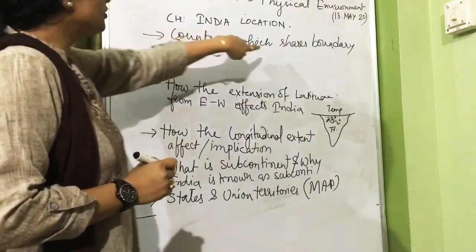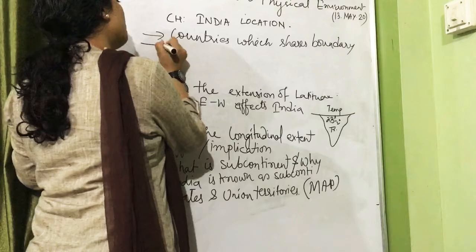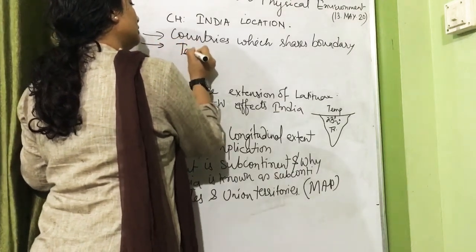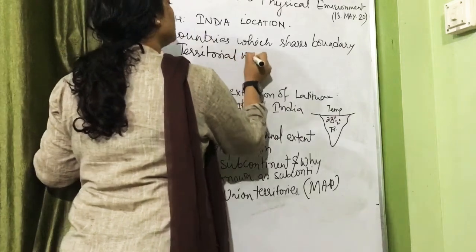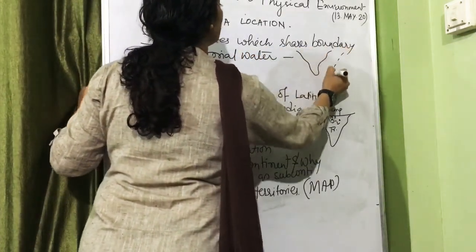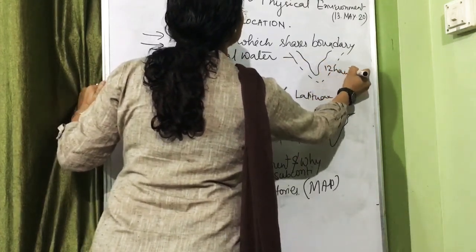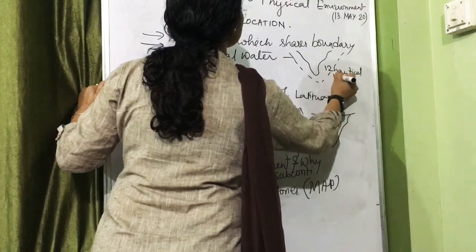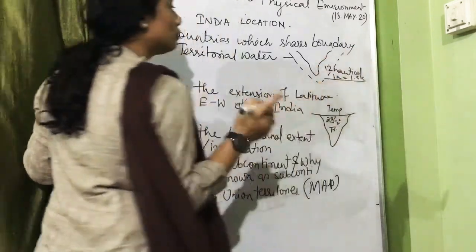Besides knowing the countries which share the boundary with our country, we should also know about our territorial water. That is, the boundary of territorial water extends to 12 nautical miles. So you should know what is a nautical mile. 1 nautical mile equals 0.8 kilometer. This is important. You should all know.